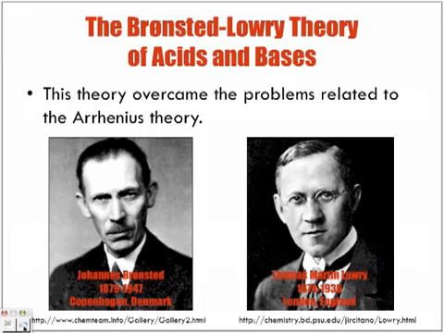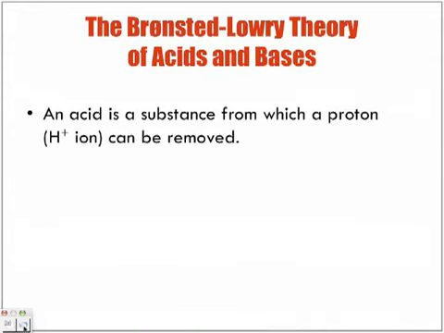Here we had the following: two chemists worked independently from one another, but they came across this theory called the Bronsted-Lowry theory of acids and bases. They came in to explain where the problems lay with the Arrhenius method, and this would now work with all acids and bases. So an acid is a substance from which a proton, the H+ ion, can be removed.